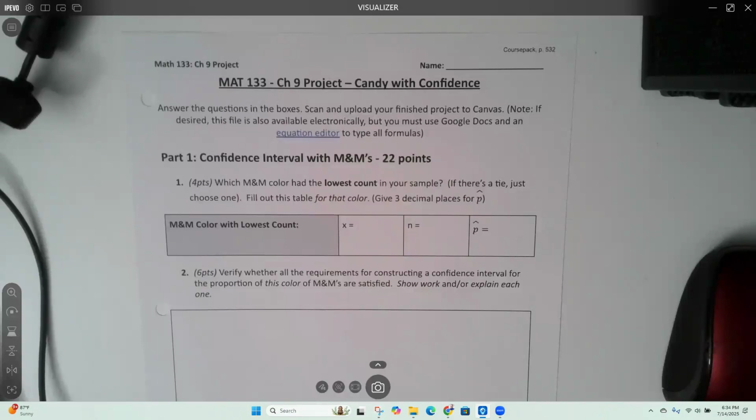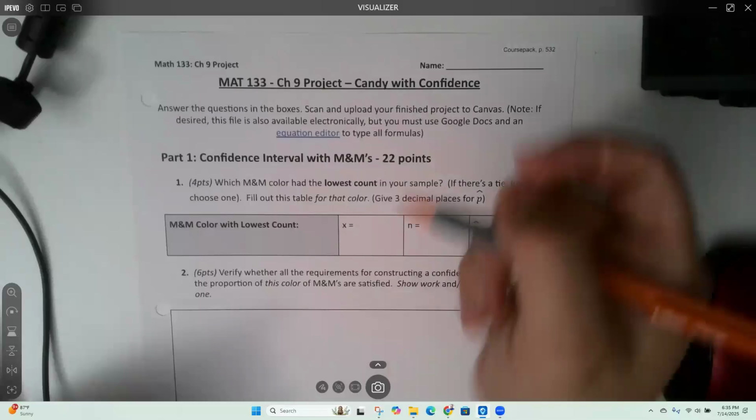A confidence interval is two numbers, a low number and a high number, and we say that the probability that our actual parameter falls somewhere in that confidence interval is the confidence level. Normal confidence levels would be like 95%, 99%. So 95% of the time, the parameter is going to fall in this range.